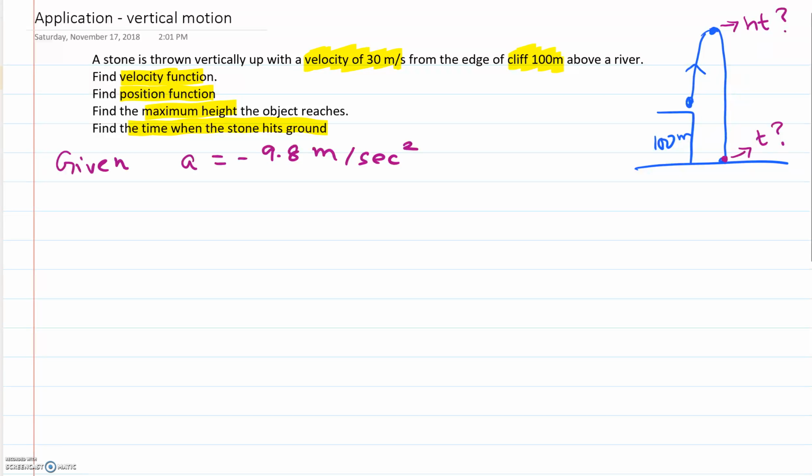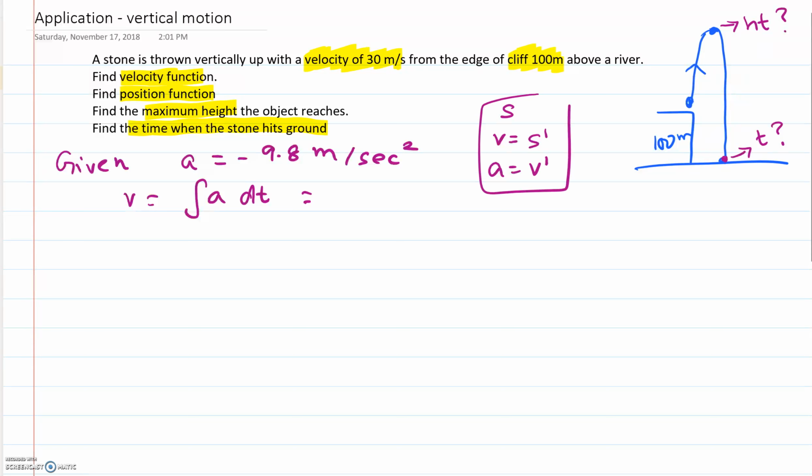Right. So velocity is the integral of acceleration. So we're going to first find the velocity function. Velocity is the integral of a dt. S is the position function, velocity is the rate of change of position, and acceleration is the rate of change of velocity.